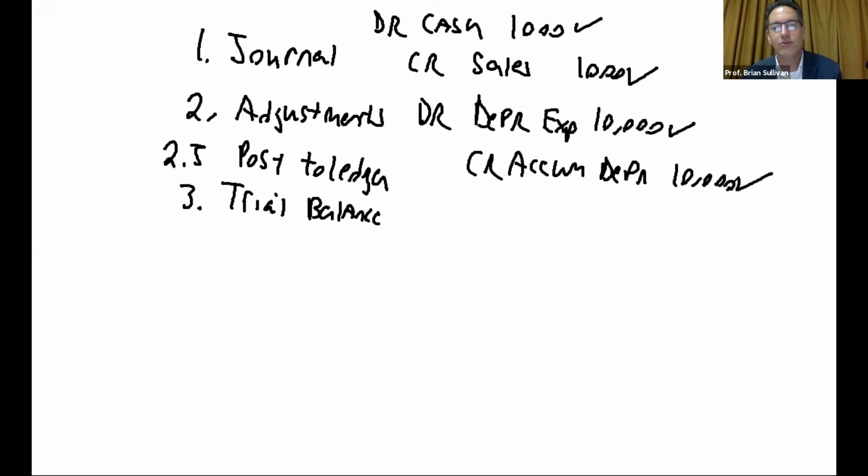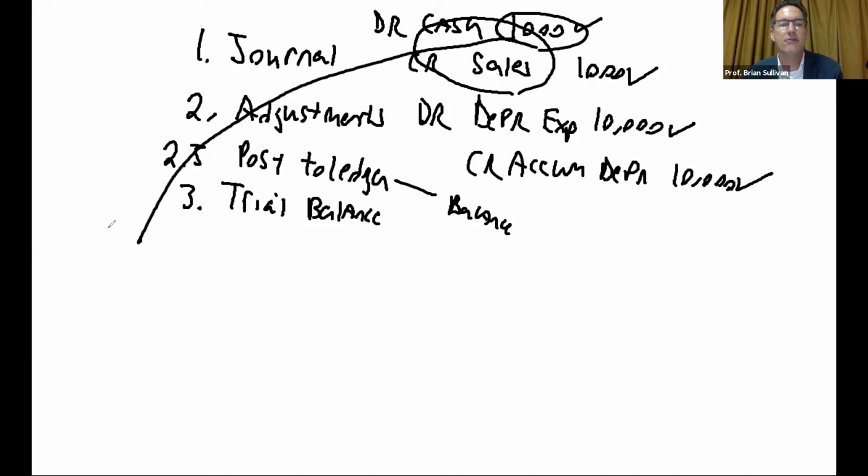So it keeps track of the balances. But when you move it from the journal to the ledger, these things are going in separate directions. This goes into the cash account, and this piece goes into the sales account, right?